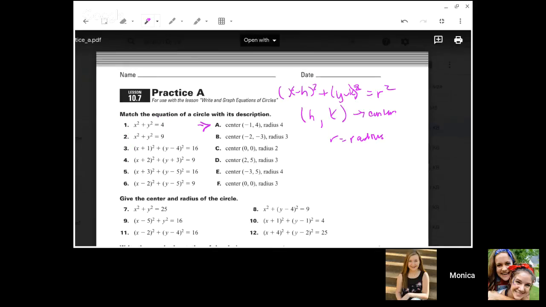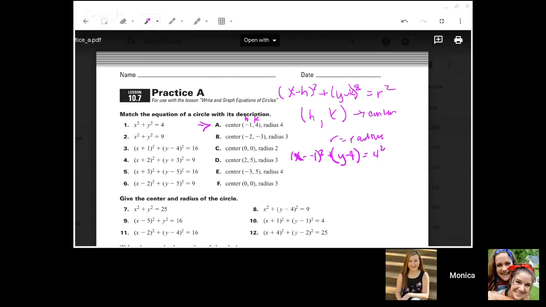This is your H, and this is your K. So when we just plug into that formula we have X minus H, so minus a minus 1 squared, plus Y minus K, which is K is just a positive 4, so Y minus 4, equals your radius squared, which would be 4 squared.